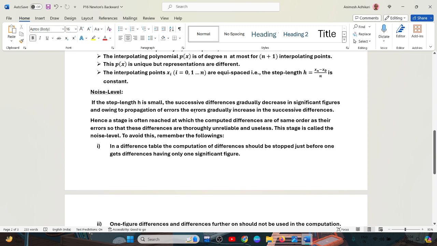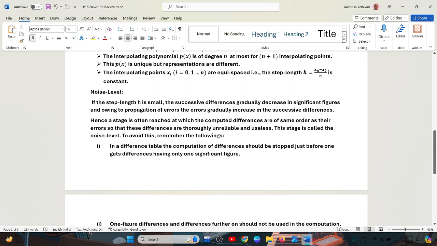The noise level: in successive differences the significant figures gradually decrease, and owing to propagation of errors, the errors gradually increase. Hence a stage is often reached at which the computed differences are of the same order as their errors, so that these differences are thoroughly unreliable and useless.